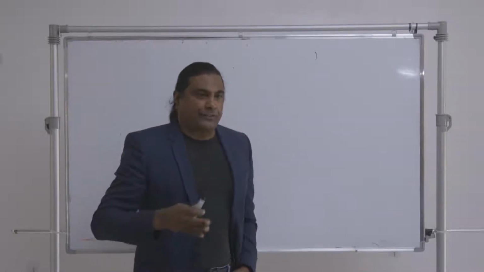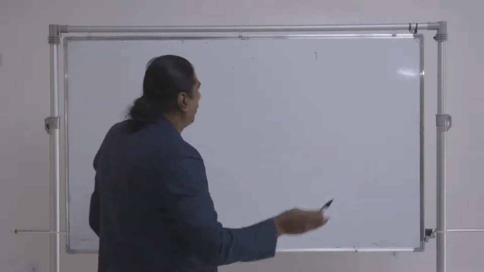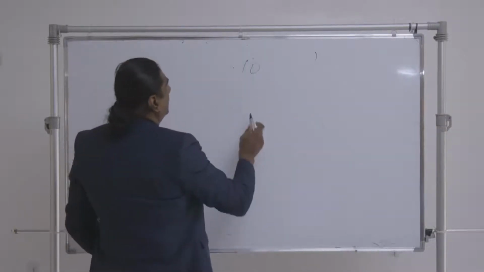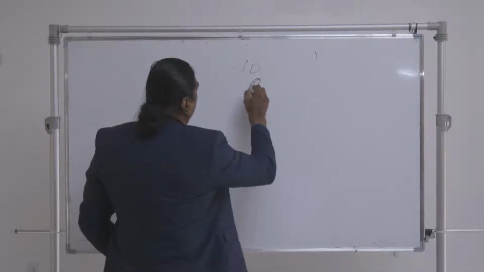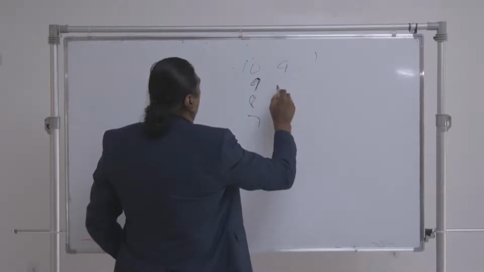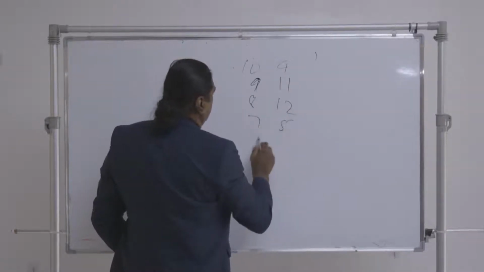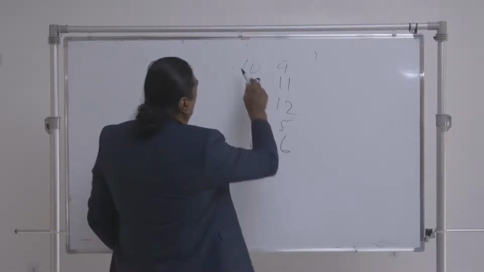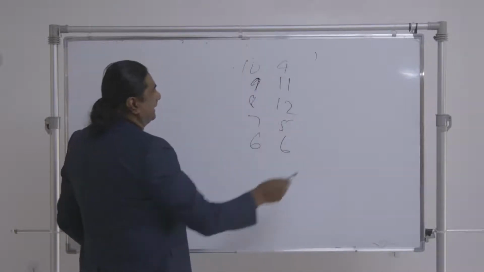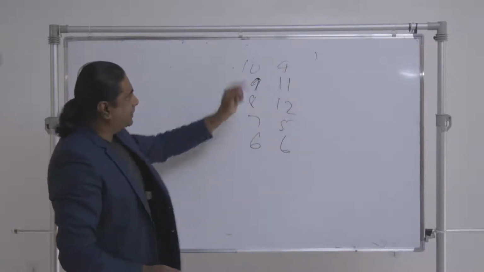We're a small office, so we only see 10 clients a day, so we take all 10. Their waiting times are 10, 9, 8, 7, 4, 11, 12, 5, 6, and 6. So there are 10 clients. These are their waiting times.